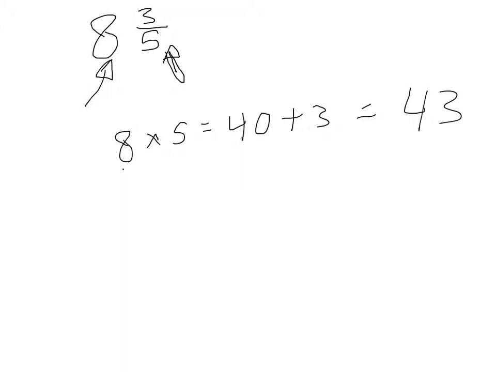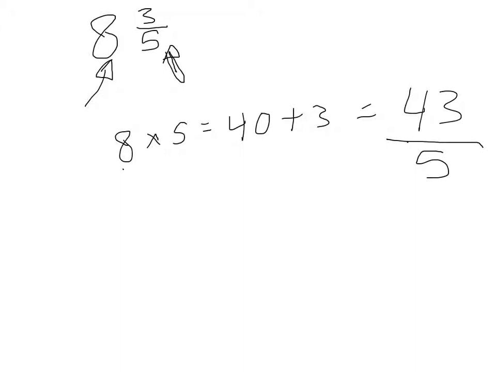But I can't just leave it like that. I gotta put this into the form of an improper fraction. So the denominator is what type of fraction are we dealing with? And in this example, we're dealing with fifths. So the improper fraction version of 8 3/5 is 43 fifths.